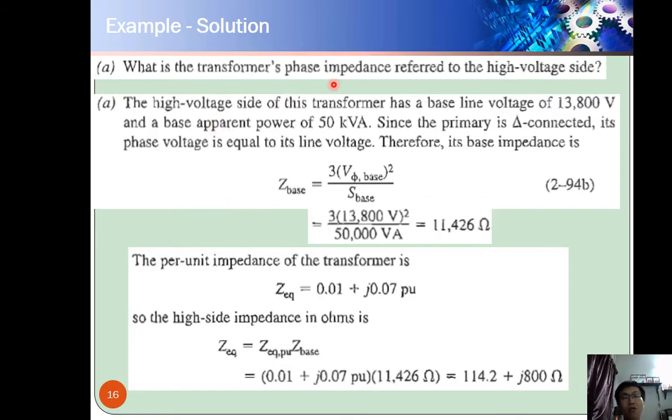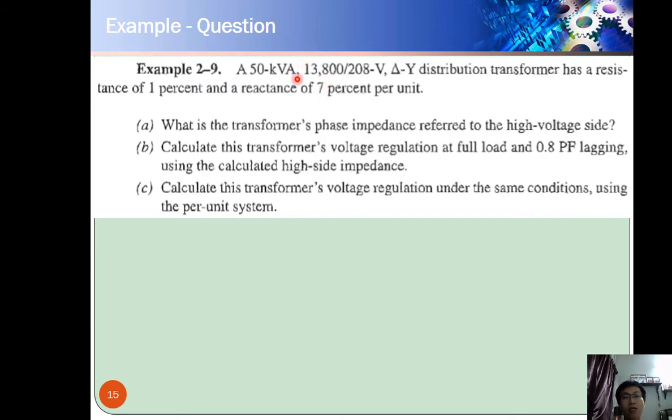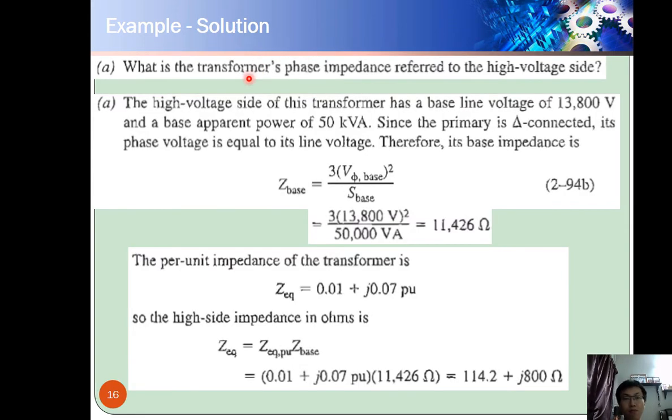So what is the transformer phase impedance? From the high voltage side, this transformer has a base voltage of 13,800. You see, this one is 13,800. So now we need to choose two things. One is the voltage, one is the S, apparent power. So we choose the V base as 13,800 and the apparent power 50,000. So this is the Z base.